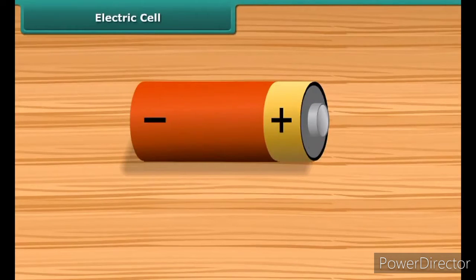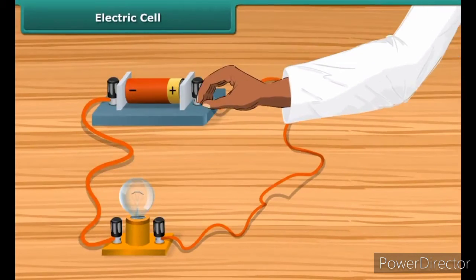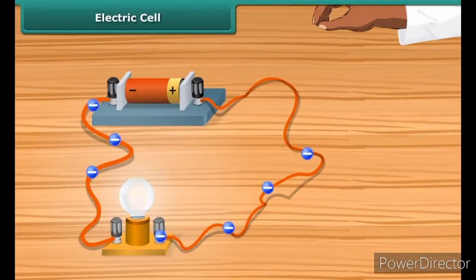Current electricity is further divided into two types. Although you already know that positive and negative attract, negative and negative repel, and negative and positive attract, while positive and positive repel.